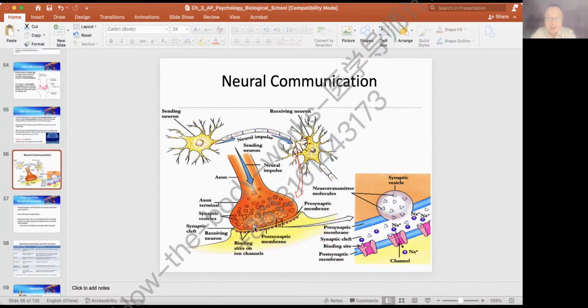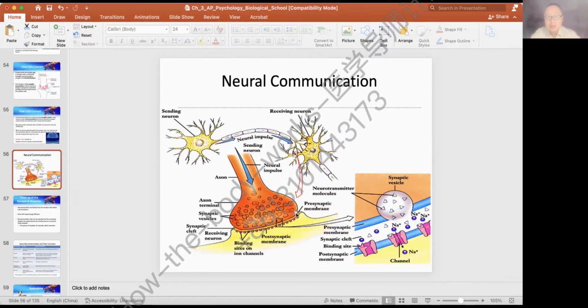Here, this is called the synaptic cleft. The synaptic cleft has two membranes, called the presynaptic membrane and the postsynaptic membrane. Pre means before, post means after.